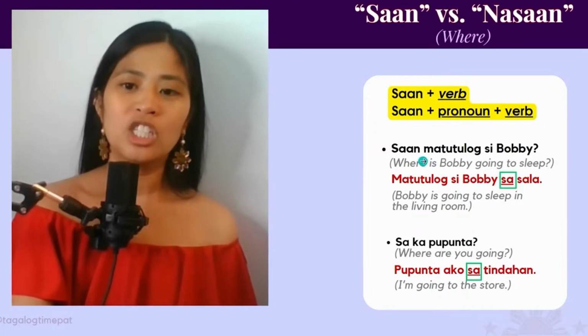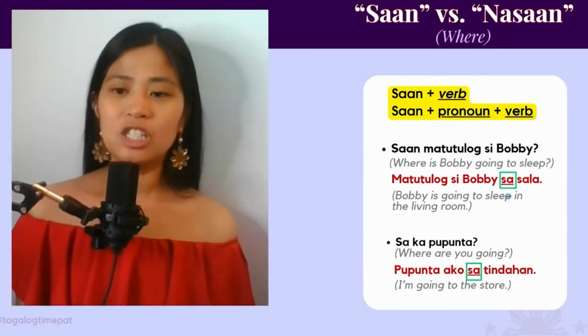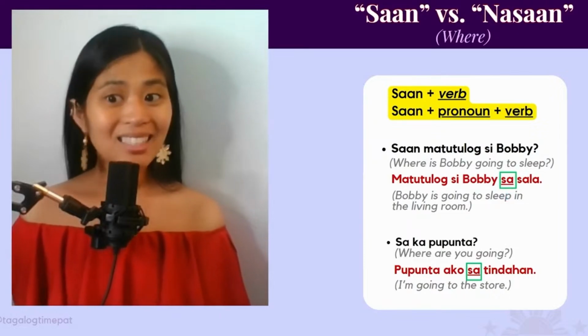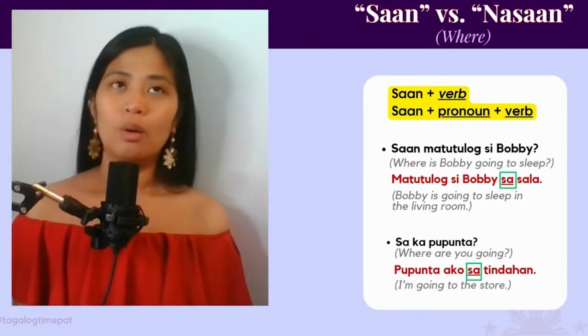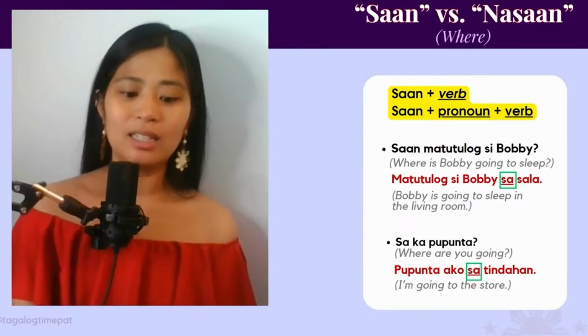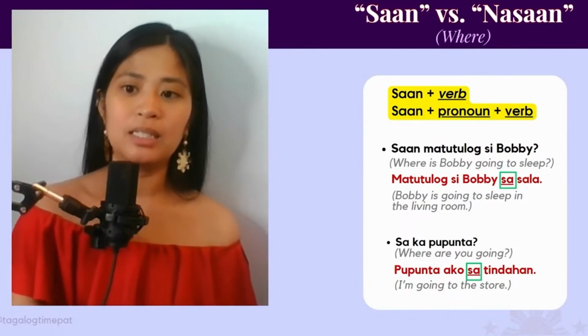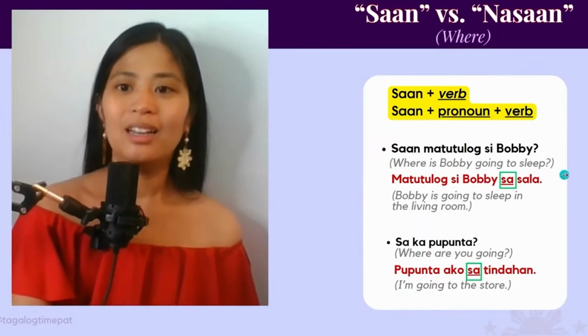When the question is saan, the response is sa. Sa is a preposition and it means at a place, but it can mean to or from or something like that. So sa has a lot of different translations depending on the context. In this case, it means at a place or to, okay?